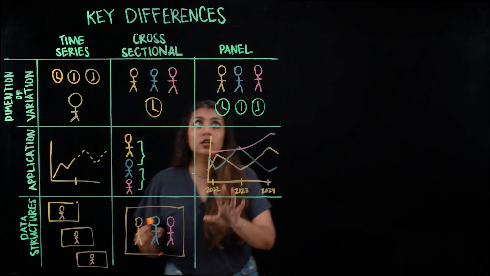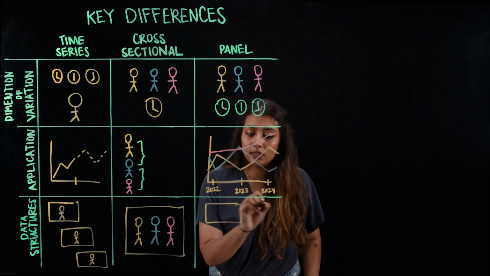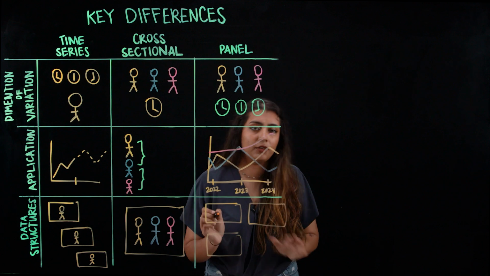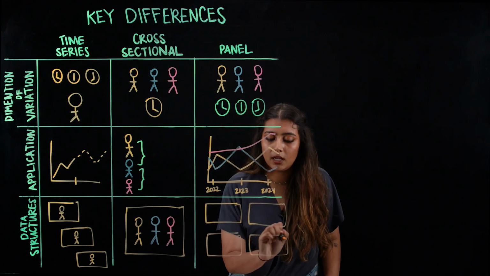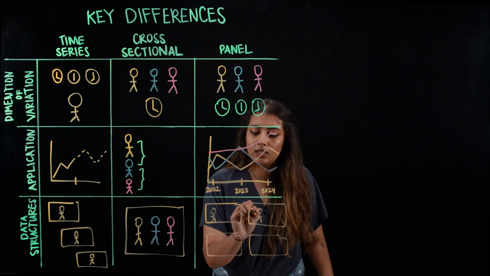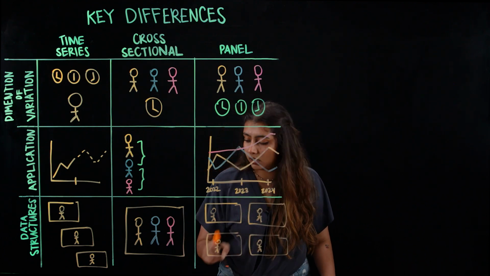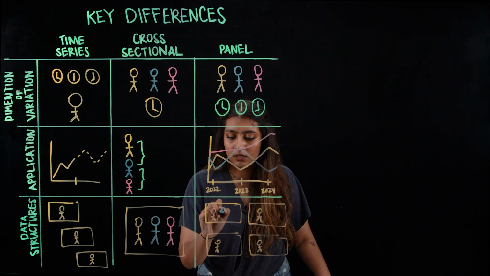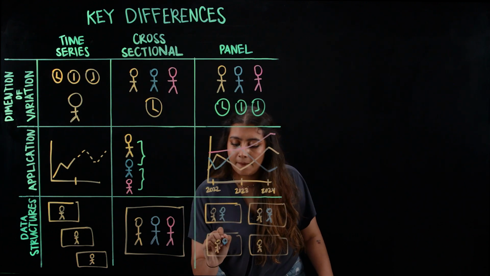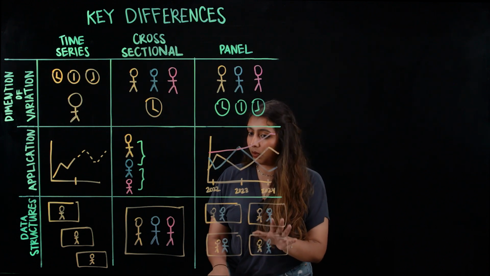And now here for panel, it's a little bit more convoluted. This is going to be 4 different snapshots for this example, right? And we have all of the individuals at each of the time frames. Now, I'm only going to draw 2 people because even that is a lot to draw, but I hope you get the point.